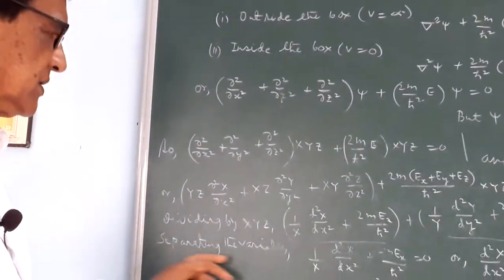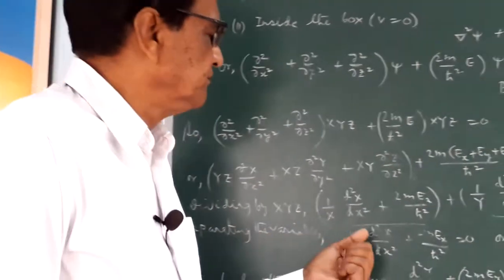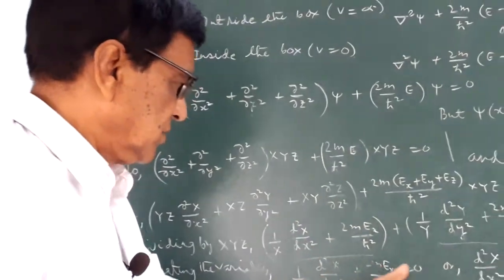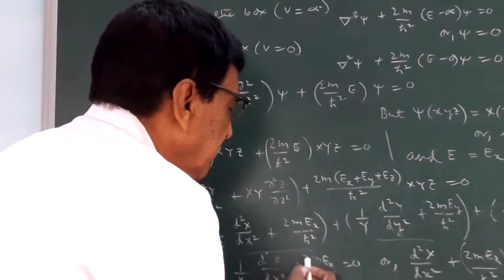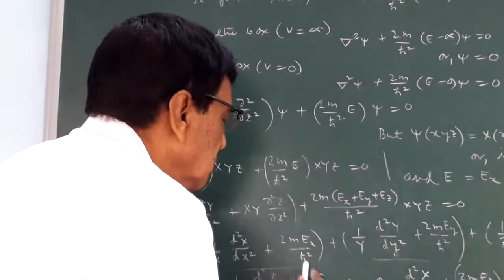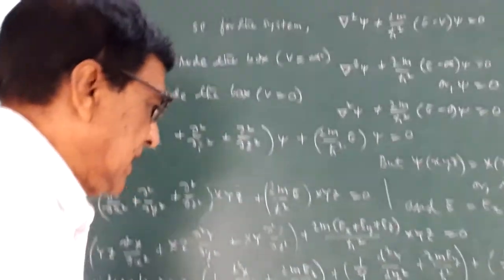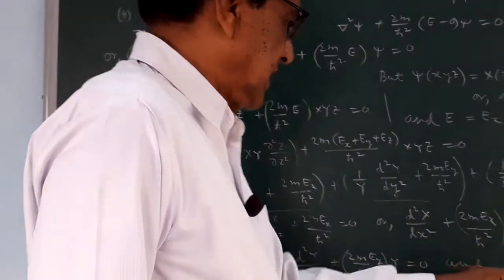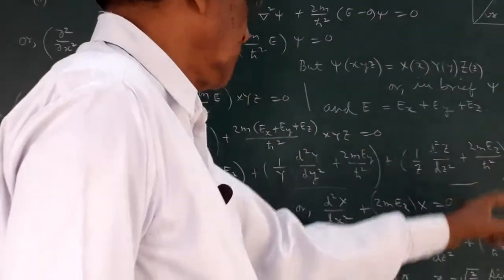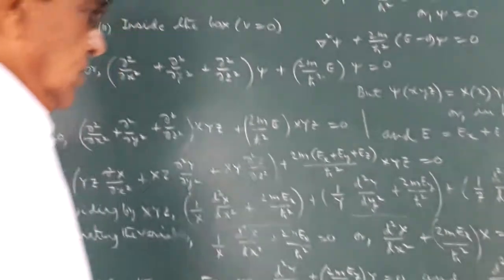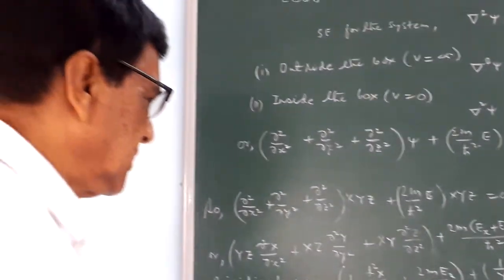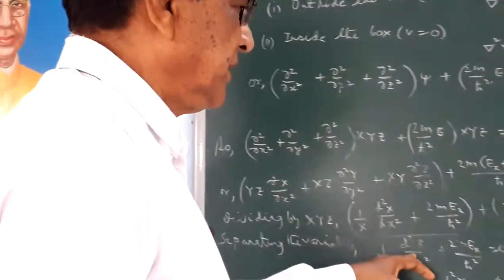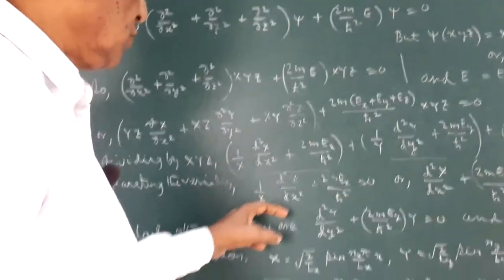So separating this equation, we have this one equal to 0, twice mE_x, and this term also 0, and this term also 0. So this equation can be written as this one, x to be multiplied.